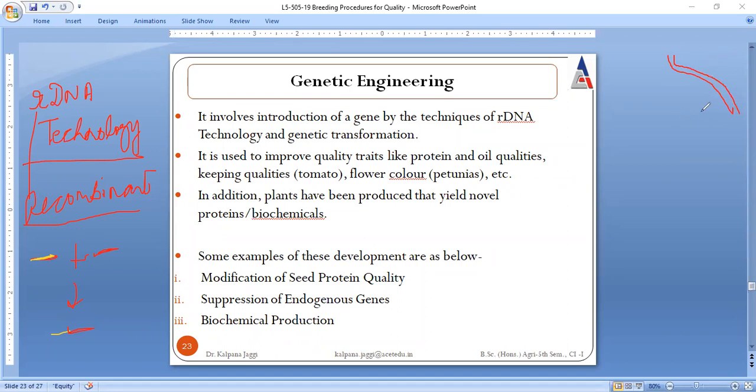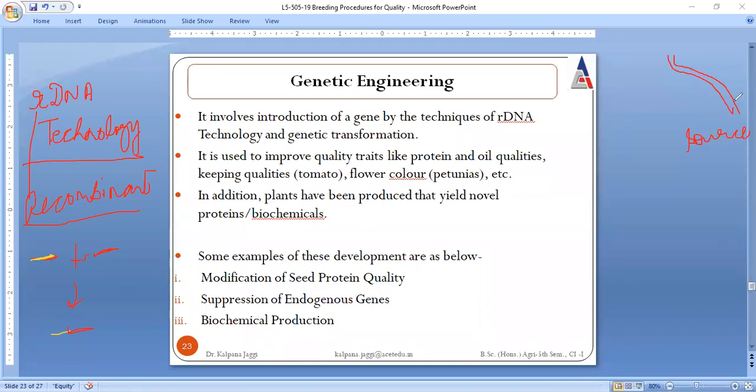Here we talk about the quality trait, and its source can be any source: wild, germplasm, or any of the varieties we have discussed. Any source of quality trait is selected.